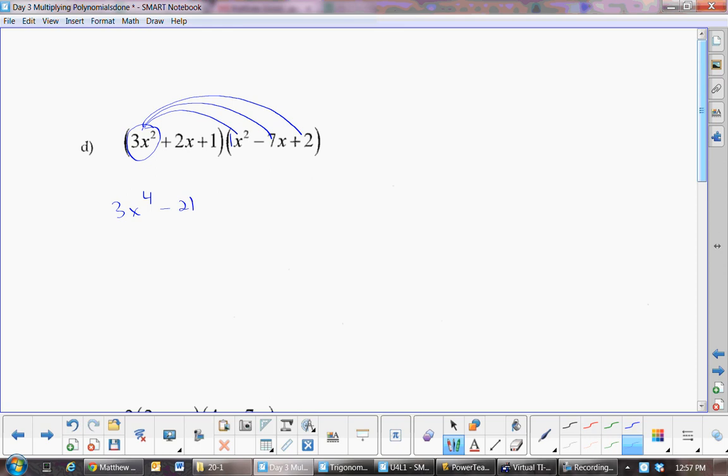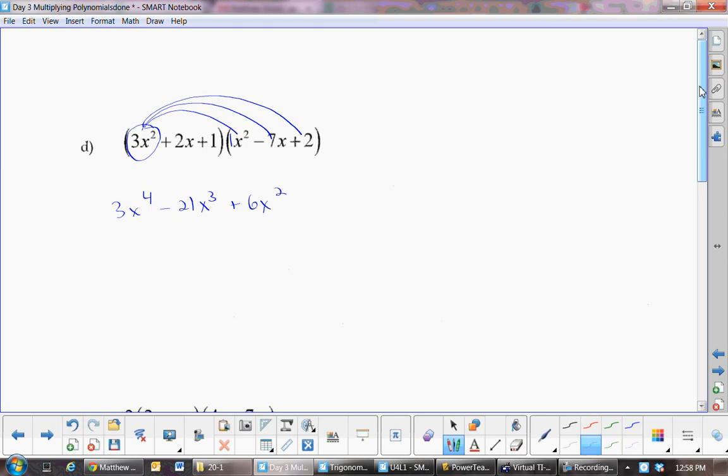Negative 21x cubed. 3x squared times 2. 6x squared. Can you just imagine the things that are going on in the brain right now? It's going, holy crap, okay, hold on, easy, whoa. So we multiply this, then we add this, then we got to take this over there, and then we got to do 9 of these. You won't be the same after today.